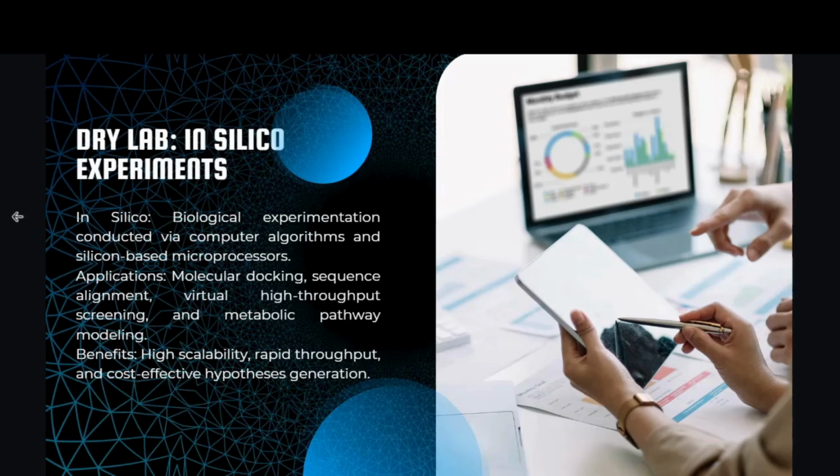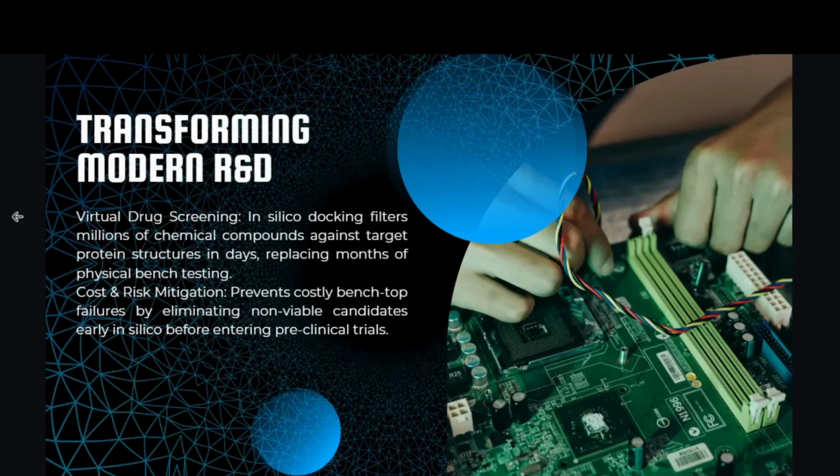And cost-effective hypothesis generation: working on in silico experiments doesn't require any lab or anything, just one simple computer, as long as the computer has the specific specifications, that's it.